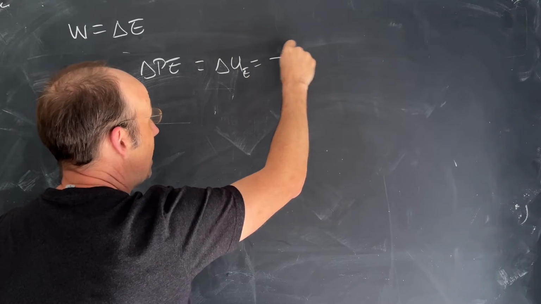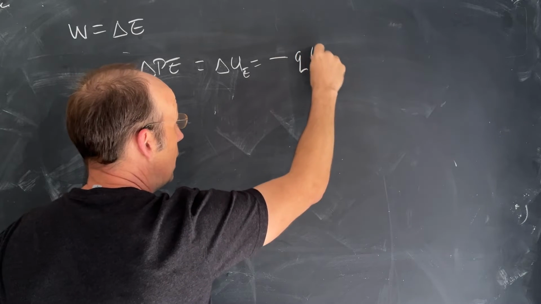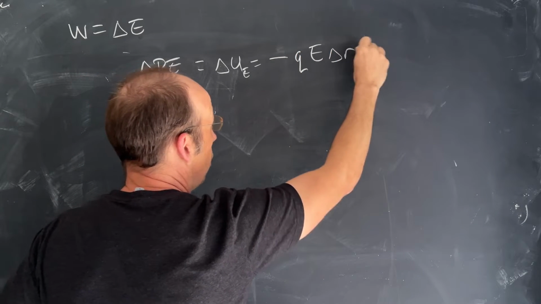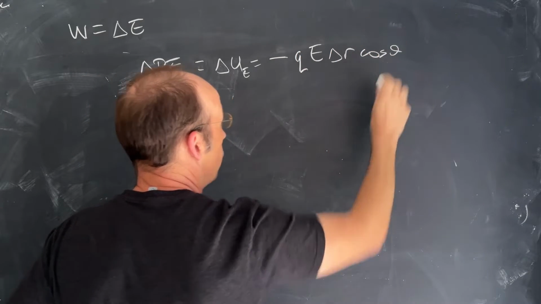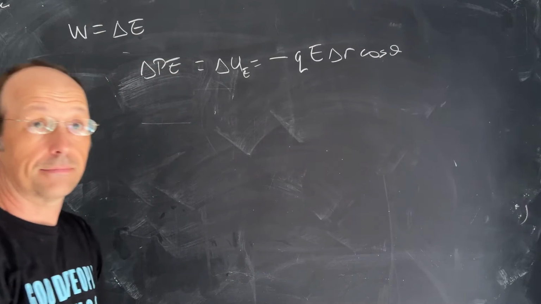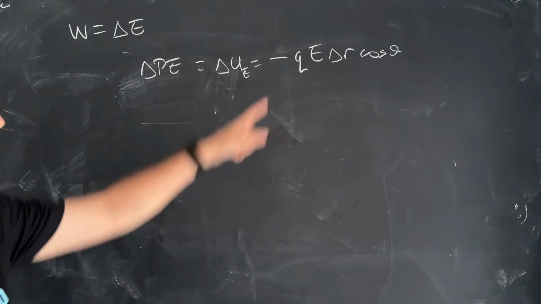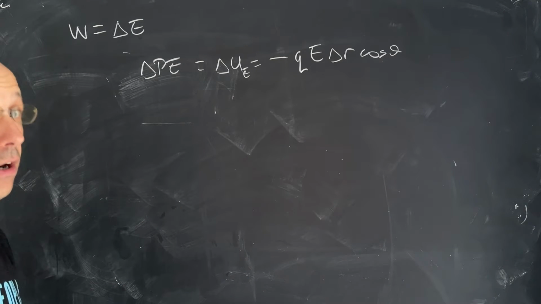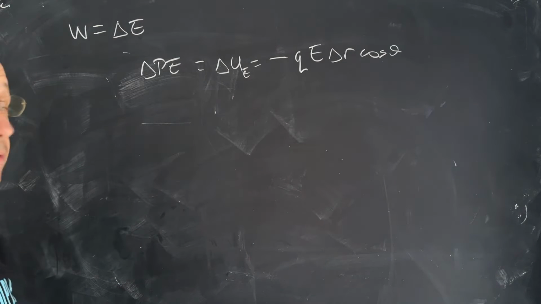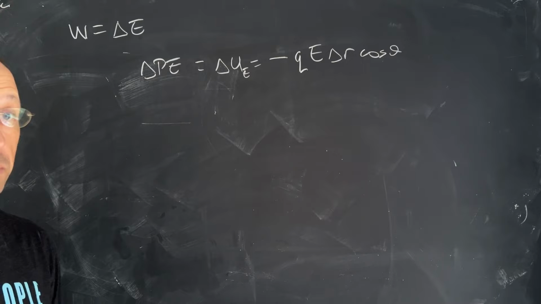And it's going to be negative Q E delta R cosine theta, just like that. Where E is the electric field, delta R is the displacement, theta is the angle between those, Q is the charge, and there's a negative sign there because if I'm moving in the same direction as the electric field, I'm going to decrease in electric potential energy.